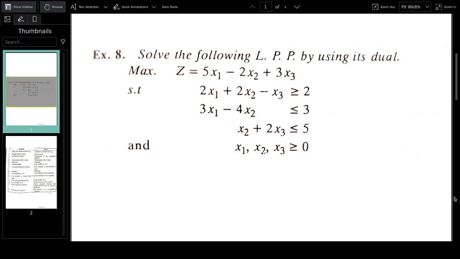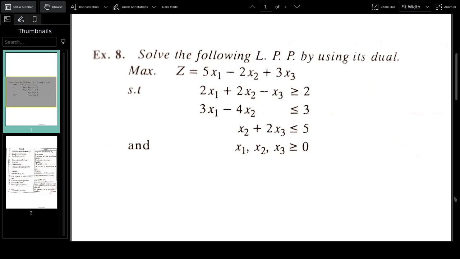And next you can convert it into the dual. Right? So how to convert, you know, there are 4 steps. First in the primal you write into the matrix form. Then in dual you write the transpose of the coefficient matrix, right?